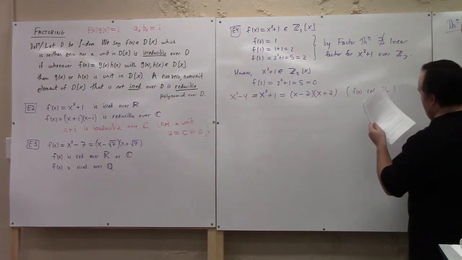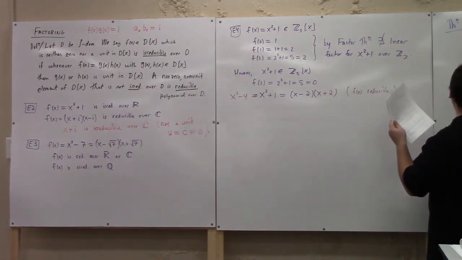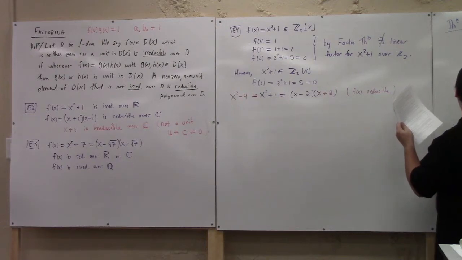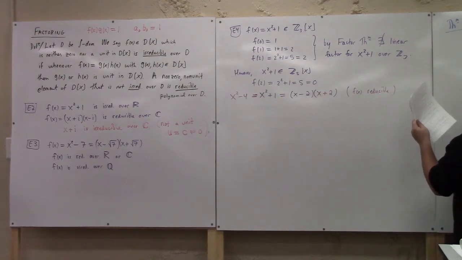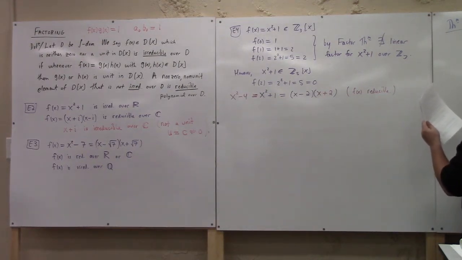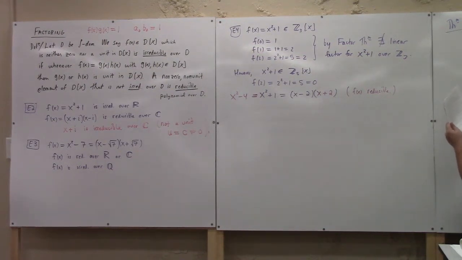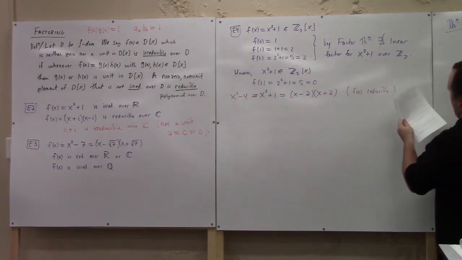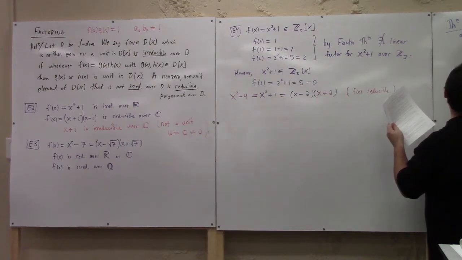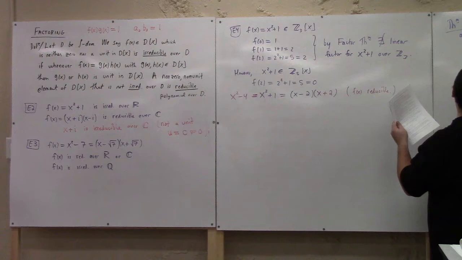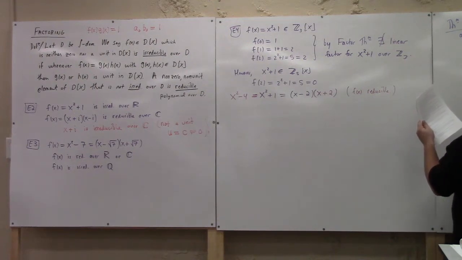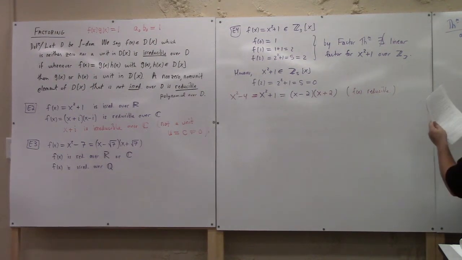It's very tempting to overextend it, and I have gotten very confused myself by overextending it. F is a field, and f of x is a polynomial over said field, and the degree of f of x is equal to 2 or 3.